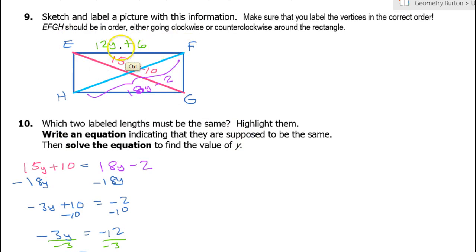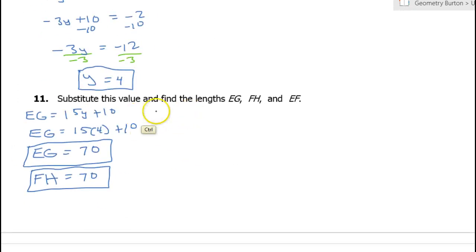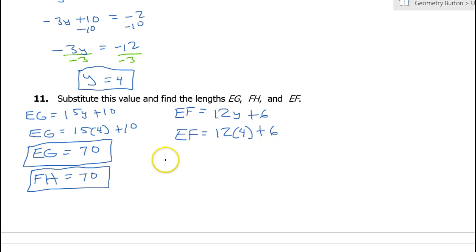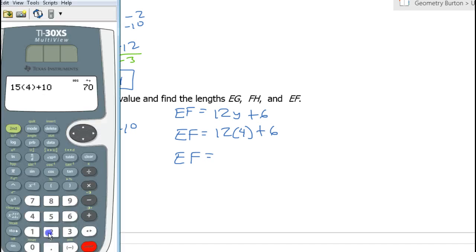All right, for EF, I will use the expression 12y plus 6. So it's going to be 12 times 4 plus 6. And that's 54.